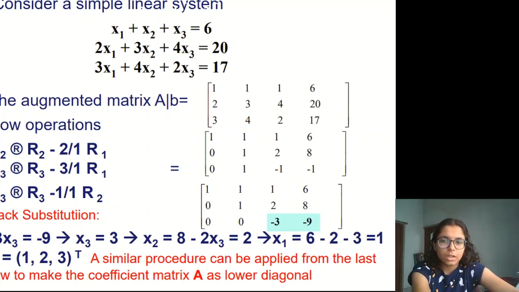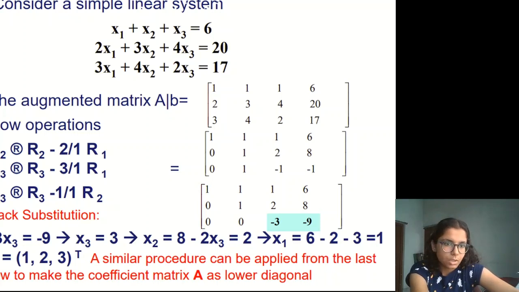As you can see there, we do the row operations r2 equals r2 minus 2 by 1 r1, and r3 equals r3 minus 3 by 1 r1. After doing this row operation, we can see there is a 0 and a 0 in the first column.